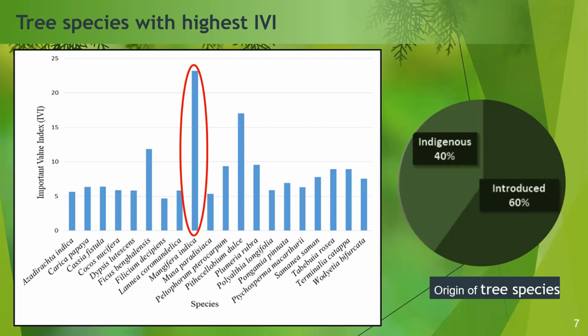I would like to suggest, as a policy decision, that we should consider the origin or the suitability of these trees to the university, because as you can see in the pie chart, a majority, 60% of them, are introduced plants. Maybe some of them are not actually suitable for an environment like here.